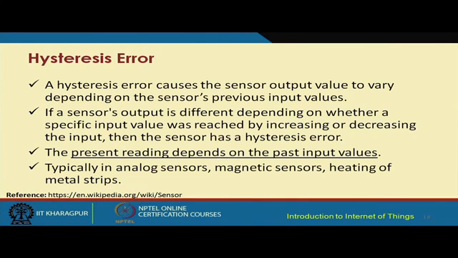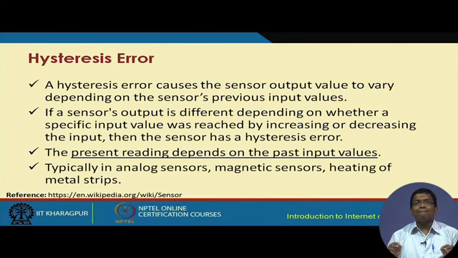Hysteresis error is a bit different, and typically it is exhibited by analog sensors, magnetic sensors, and sensors that use the principle of heating of metal strips and so on. In these sensors, sometimes the present reading depends on the past input values. How?